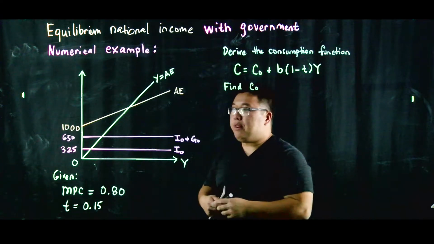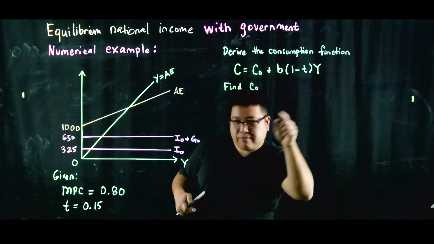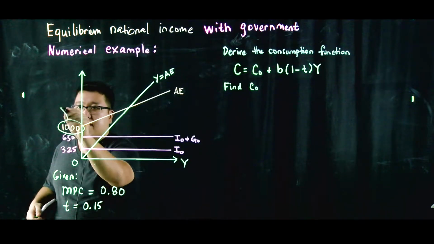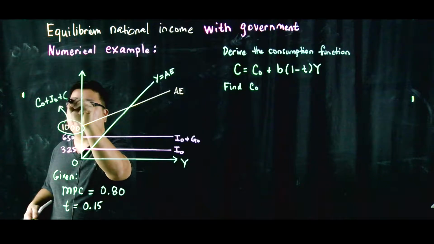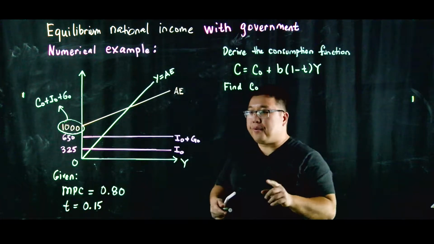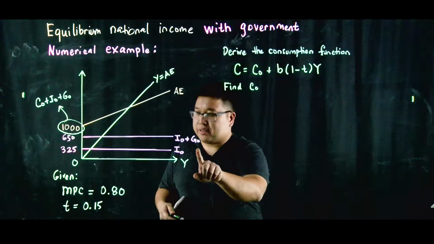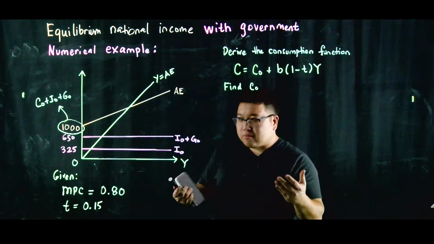We know that this 1,000 right here, if you remember from the previous video, is the sum of C sub 0, I sub 0, and G sub 0. Now, we know that the sum of I sub 0 and G sub 0 is 650. So all we need to do is find the difference.